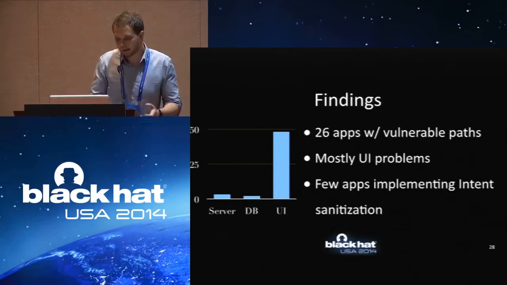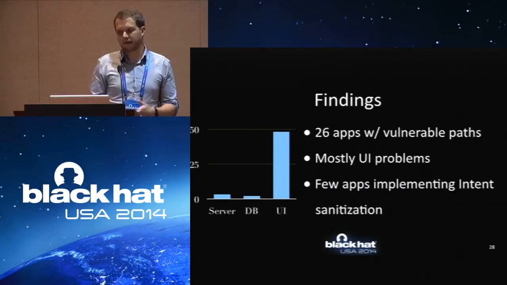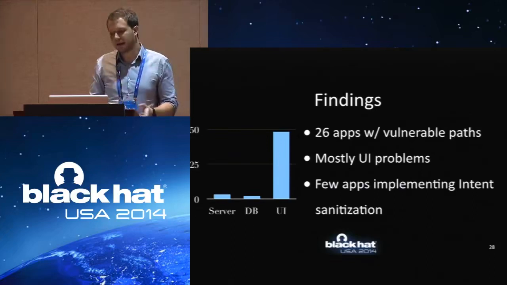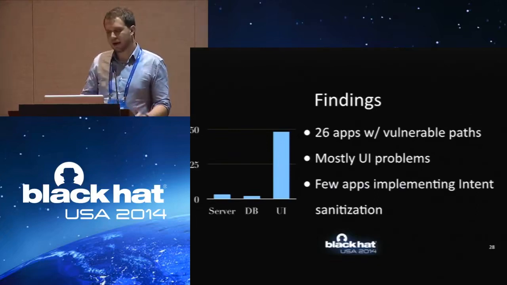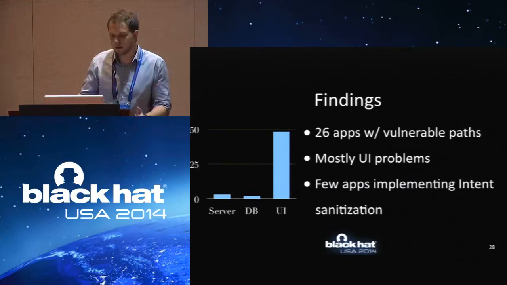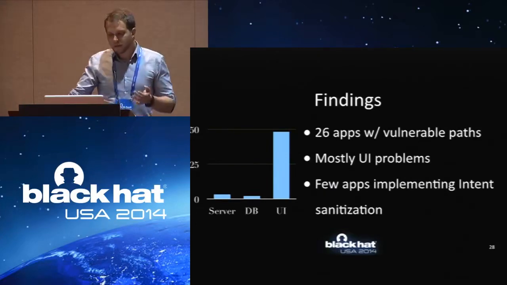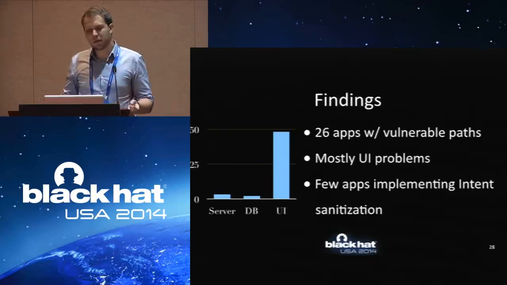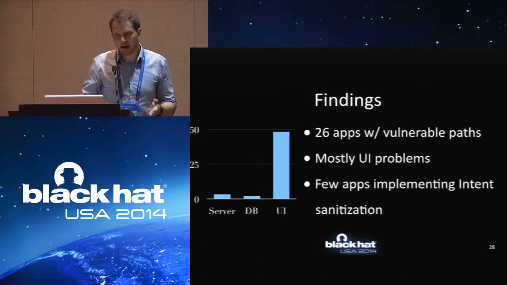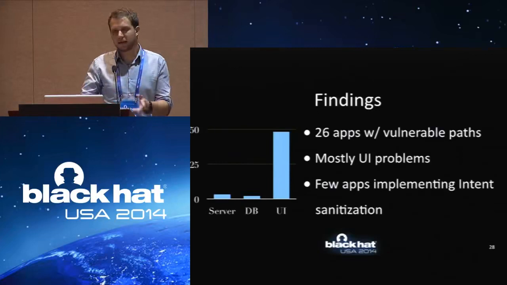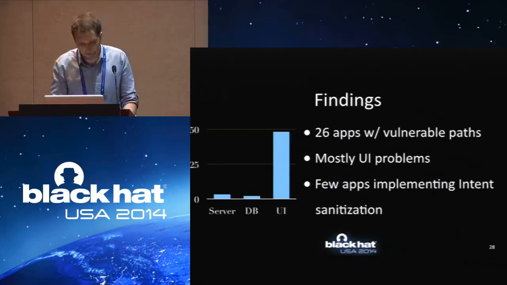So programmers making this, it's more common to find this kind of error in the application since the requirement for the attack is less sophisticated. And we also found out that just a few applications were actually implementing some kind of sanitization for the intent payload inside the application.